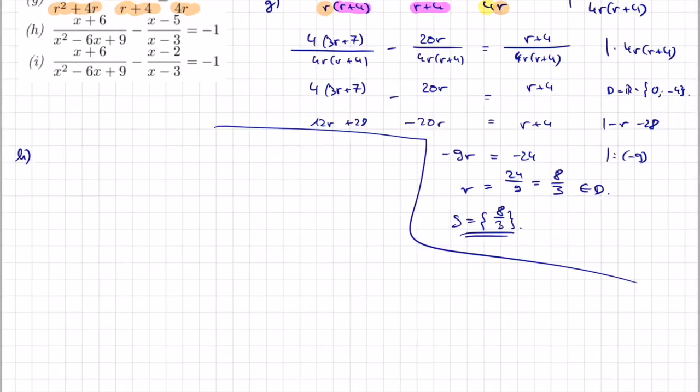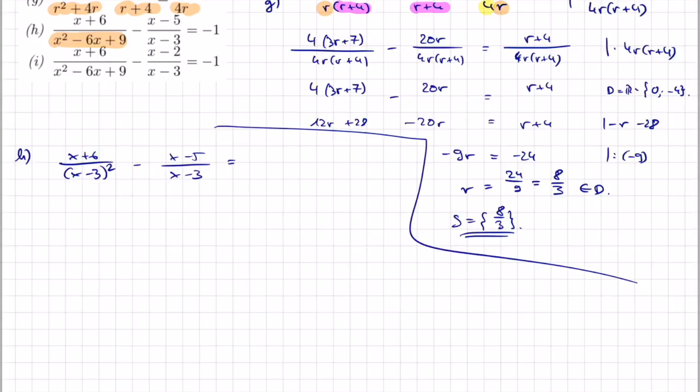Now this looks complicated, but again, just look for common factors. Look for factors in the denominators. This is a binomial formula for x minus 3 squared. And look, what a coincidence, we have x minus 3 also in the second fraction.